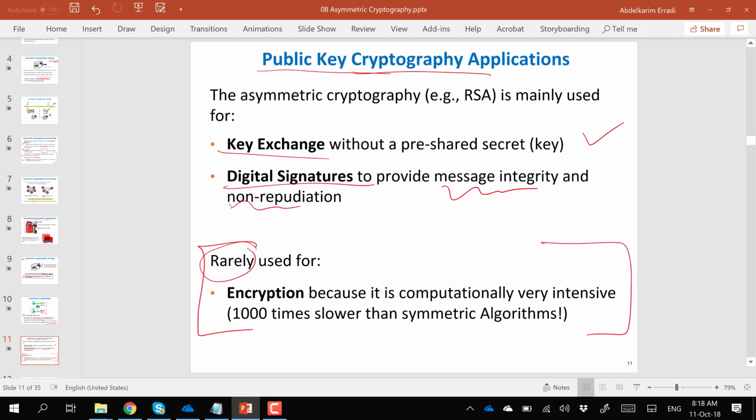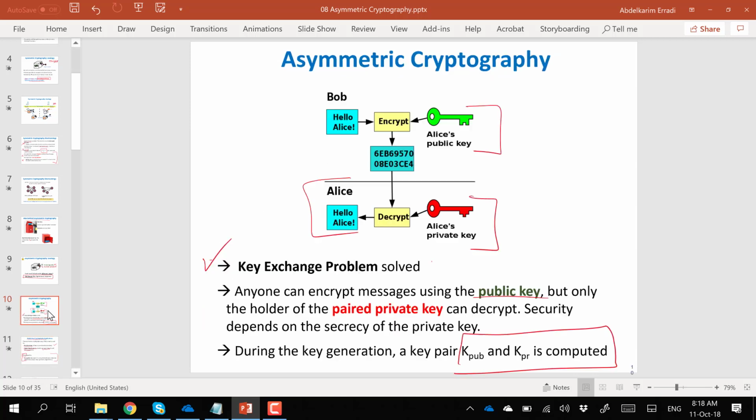That's what non-repudiation means. Remember, this image here only shows one side of the picture, using the public key for encryption and the private key for decryption. You can use it the other way around. You can encrypt using the private key and decrypt using the public key.